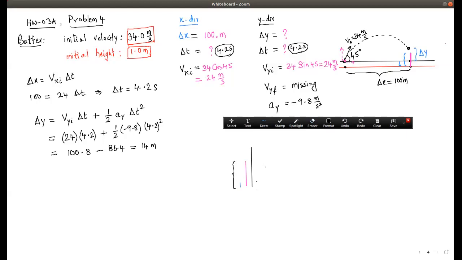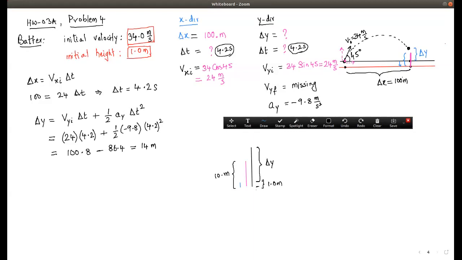So from this point on, that's delta y. This is 1 meter, and all the way down is your 10 meters. If you want to see how much it clears, this is the amount by which it clears down here.